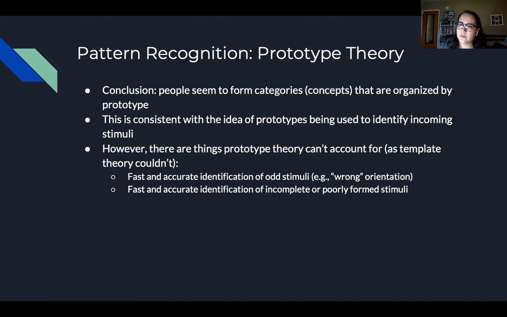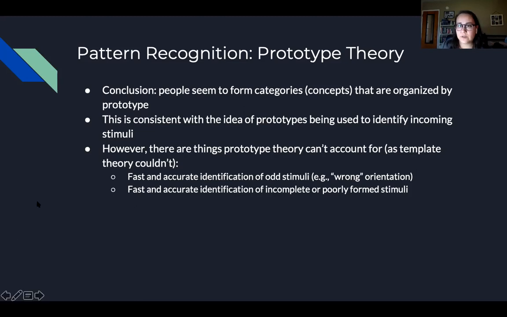So how is that possible? Another problem is that prototype theory has difficulty explaining how we are able to recognize stimuli so easily, even when we can only perceive a fragment of the entire stimulus.